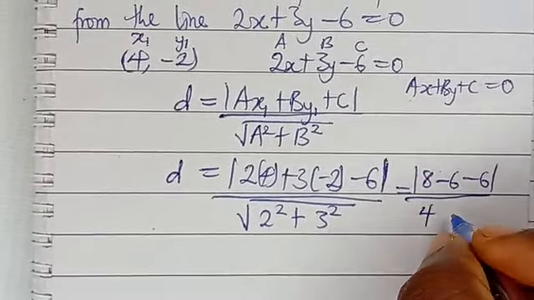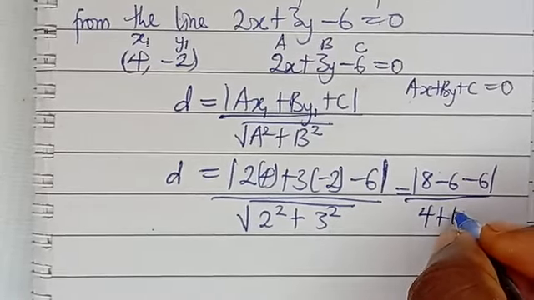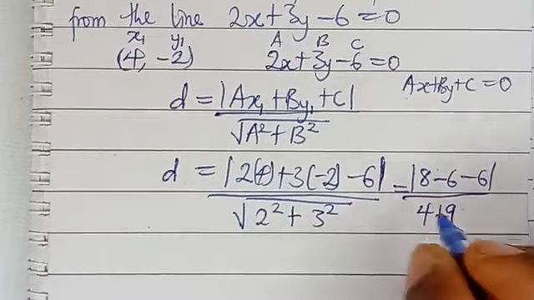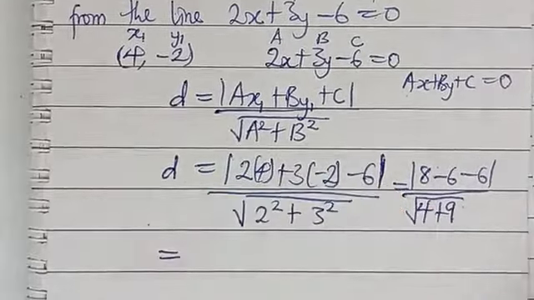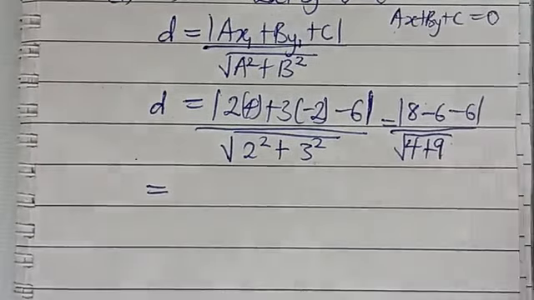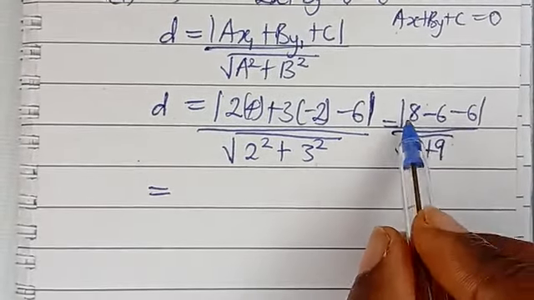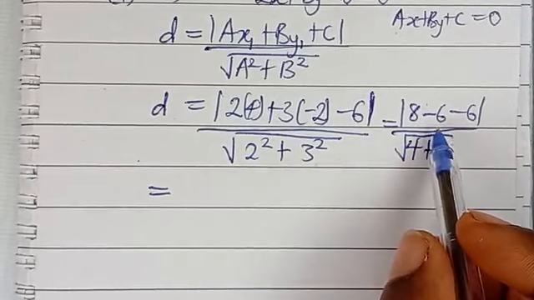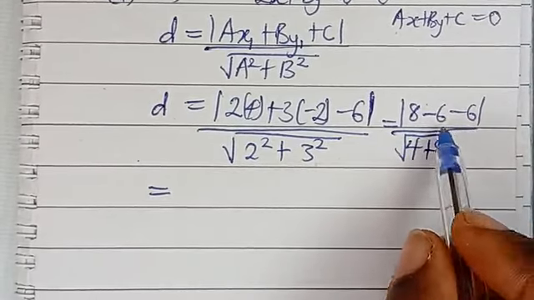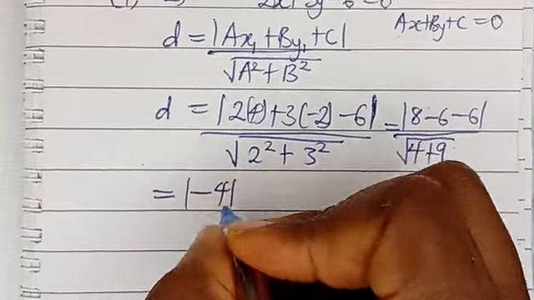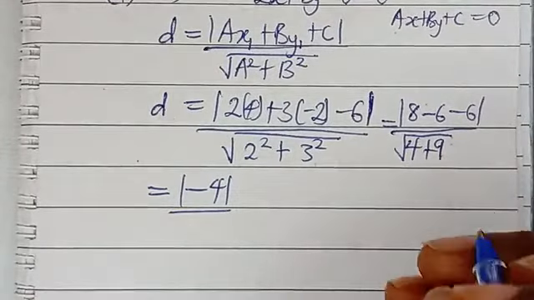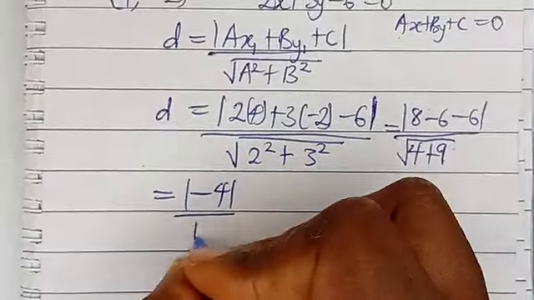We have 4 plus 9, since 2 squared is 4 and 3 squared is 9. We now have 8 minus 6 is 2, 2 minus 6 is -4. 4 plus 9 is 13.